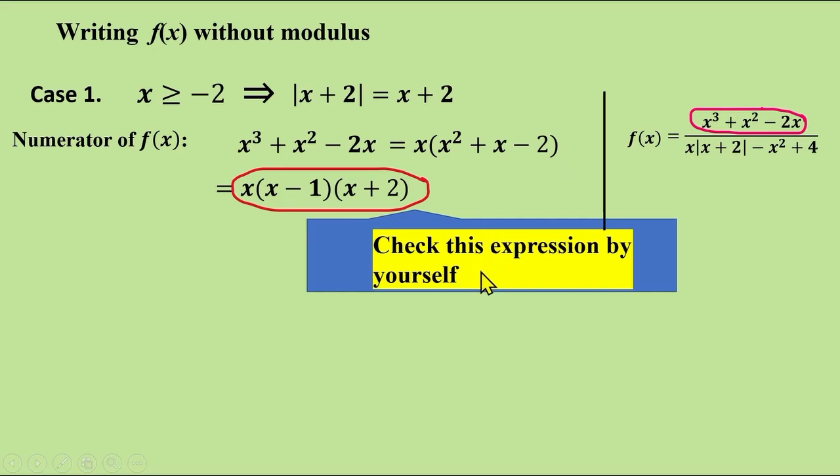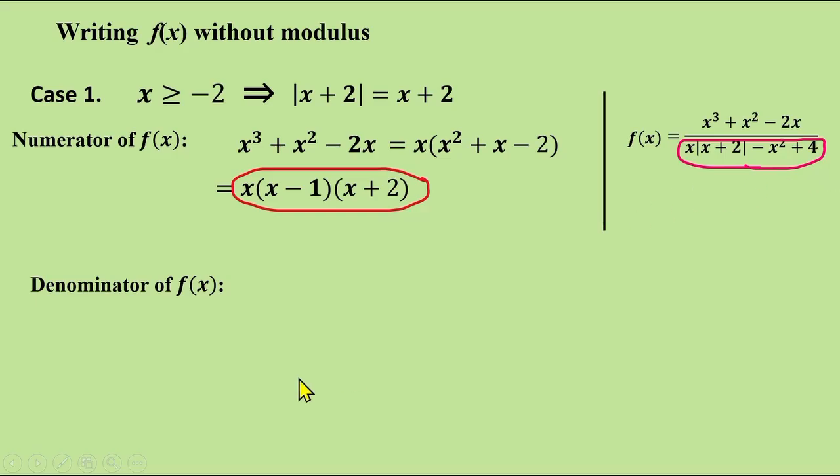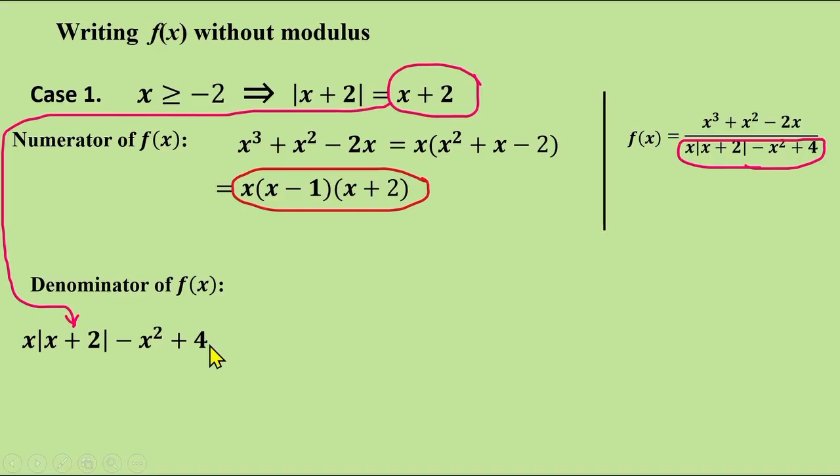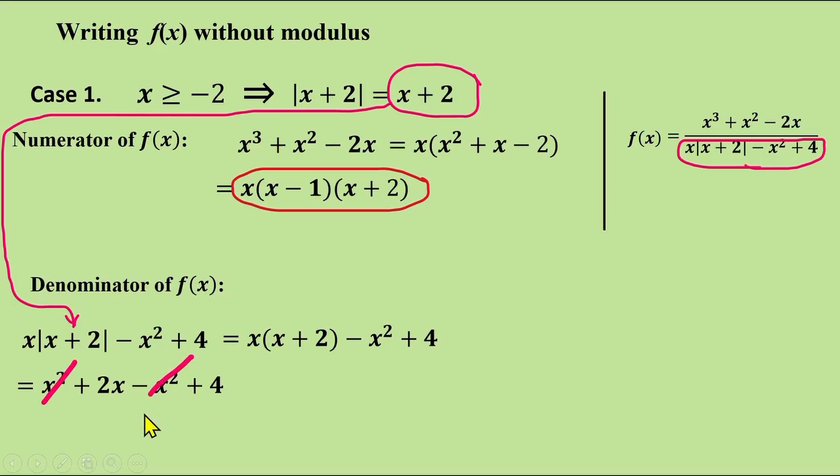Then we go to denominator, which has this form. Again, we use modulus in this form. Rewrite, distribute x, it will be this one, and then we see that we can cancel x squared, and what remains is 2x plus 4. We factor 2, and this is the denominator.